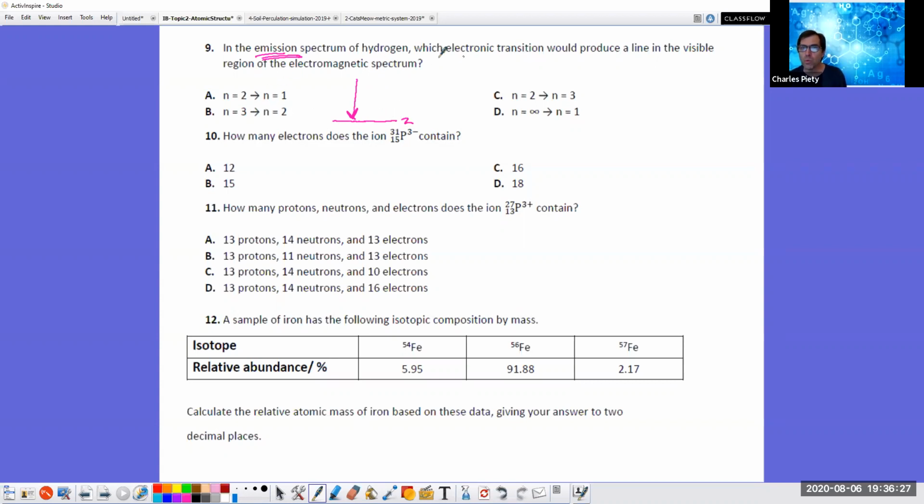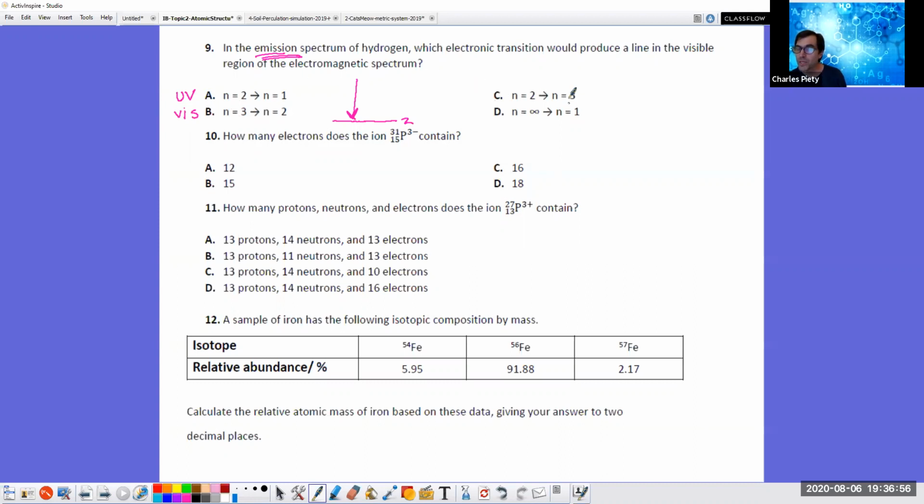So which electronic transition would produce a line in the visible region of the electromagnetic spectrum? This one would produce emission in the ultraviolet. Can't be that one. This one would have produced emission in the visible, and that is what we're looking at because it's going down to the second energy level.